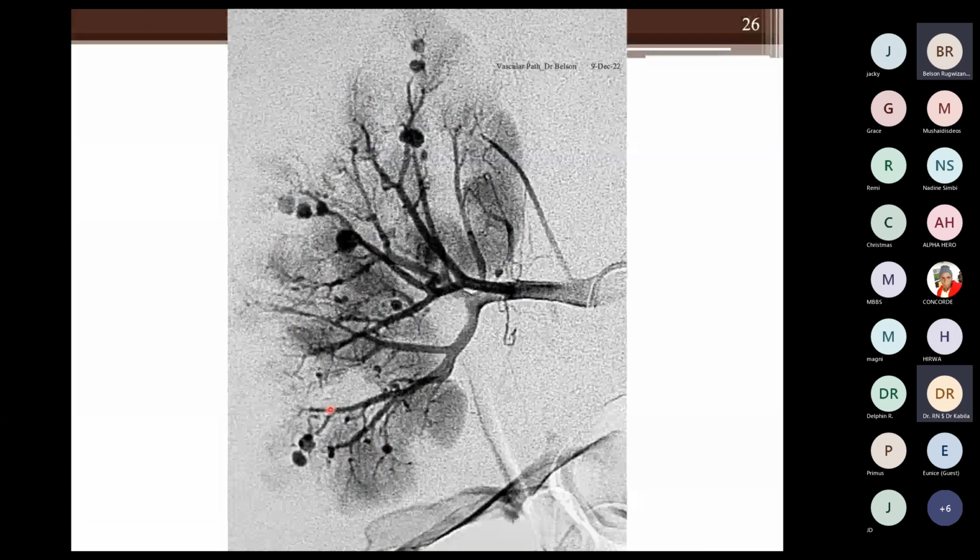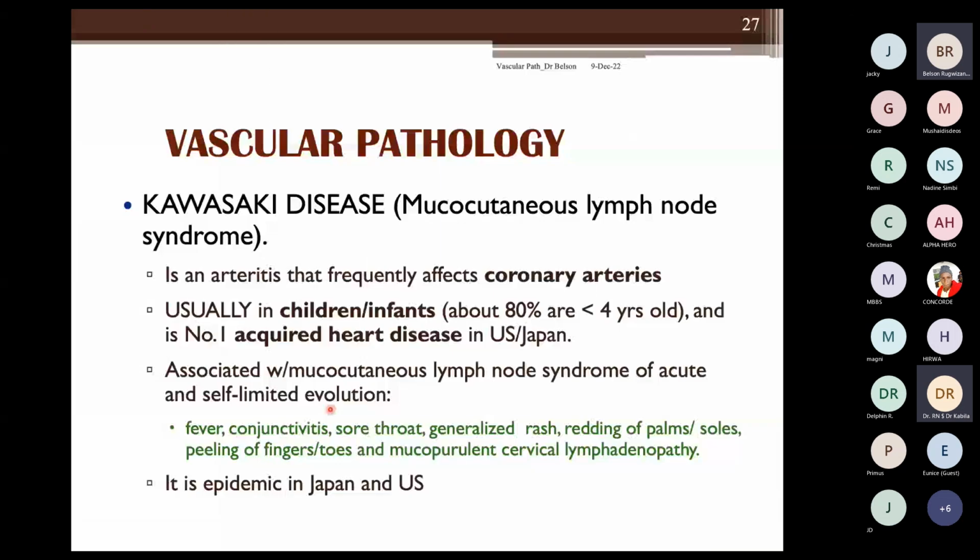If not, then we proceed with Kawasaki disease, niyo twayibonye indi ifata muri endothelial cells. So it affects endothelial cells. So it affects mainly coronary arteries, usually in children and infants. So most of the cases, 80% are less than 4 years old. It is the number one acquired heart disease in the US and even in Japan.